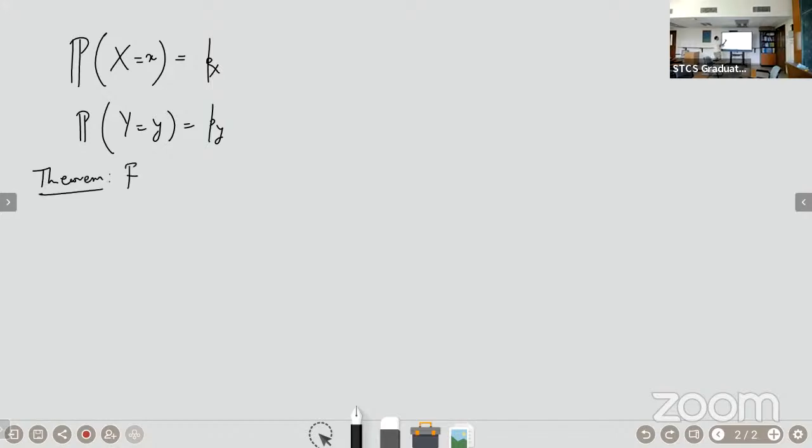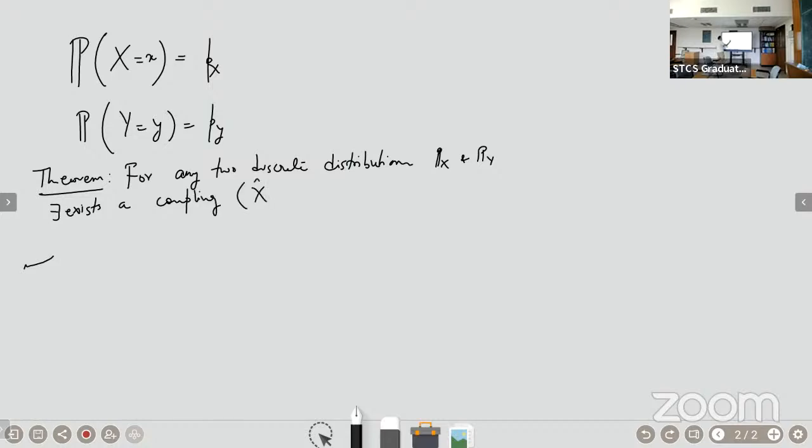For any two discrete distributions, there exists a coupling x hat, y hat of x, y like that.